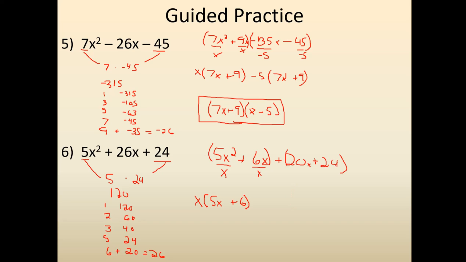And then over here, the biggest number that I can pull out would be a 4. So I'm going to have plus 4 over here. And then I'll be left with 5x plus 6 again. So 5x plus 6 is my common term. So that's going to be my first factor. And then my next factor will be the x from over here and the plus 4 from over there. And there we go.